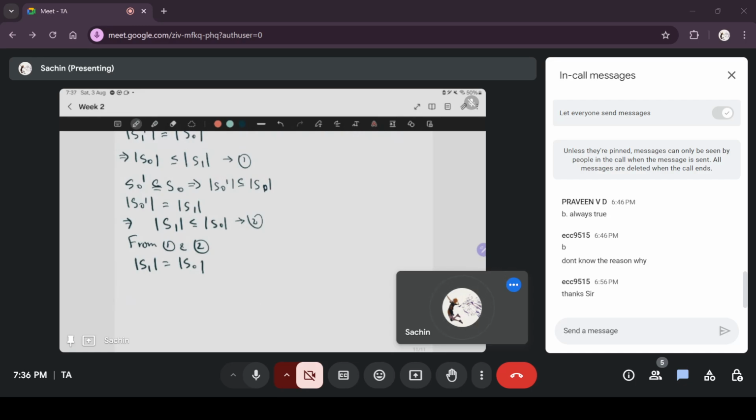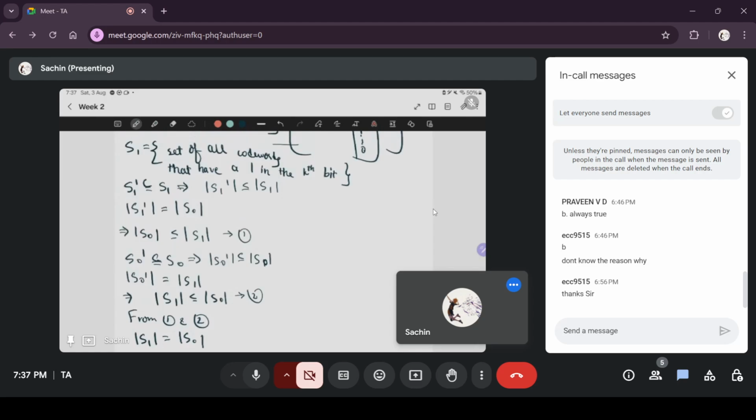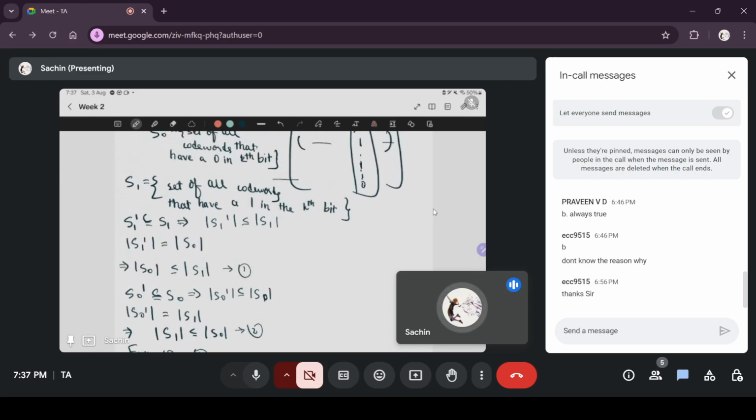That means there are the same number of code words with a 1 in the kth position as there are code words with a 0 in the kth position. So half the code words have a 0 and half the code words have a 1 in the column k.